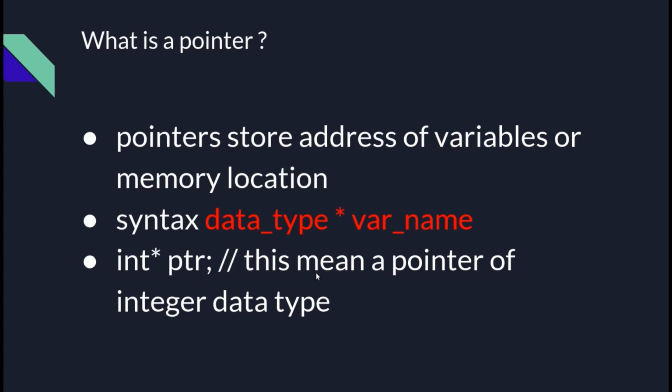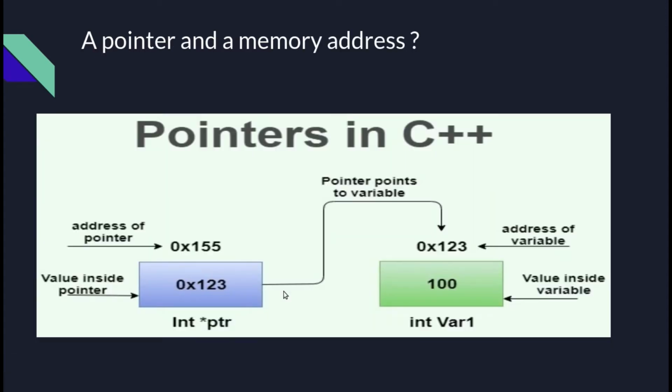So, for example, when we declare int asterisk ptr, that means we are creating a pointer to the address of an integer value. When we declare int var1, we mean that the variable var1 contains the value itself.